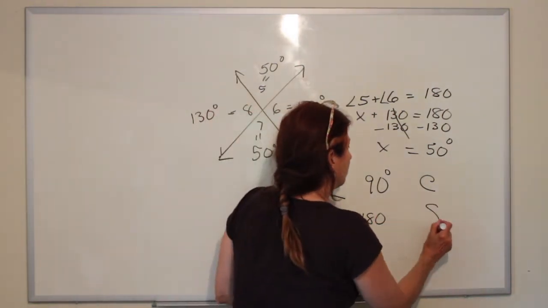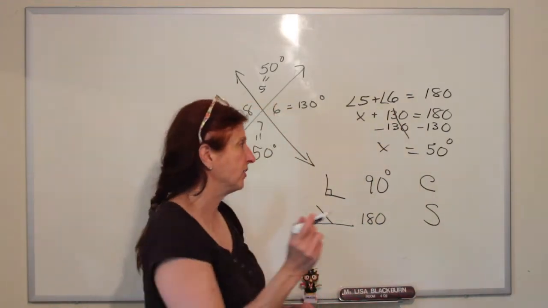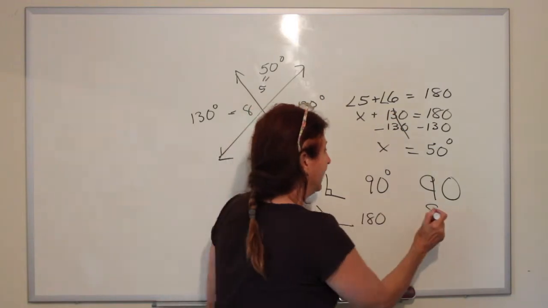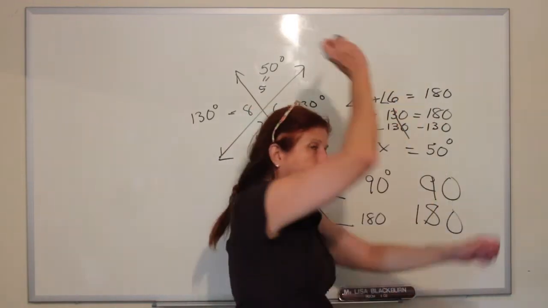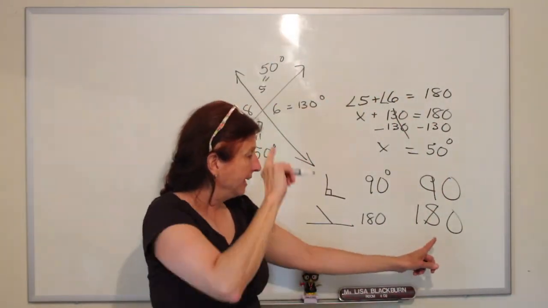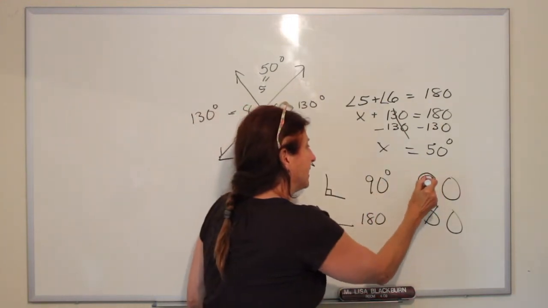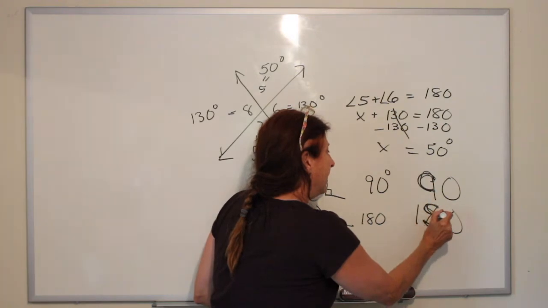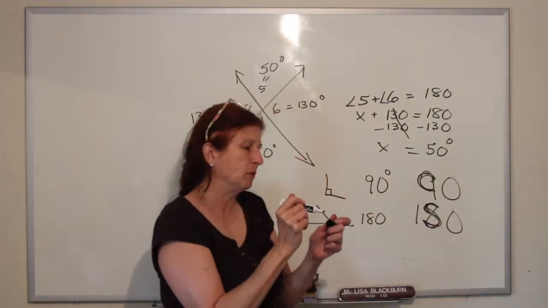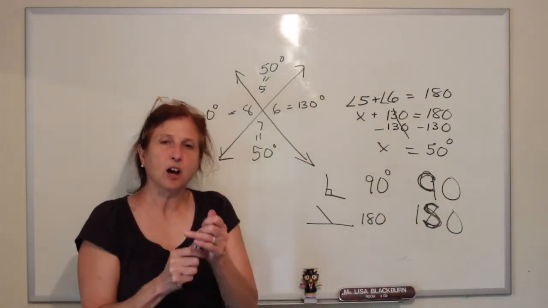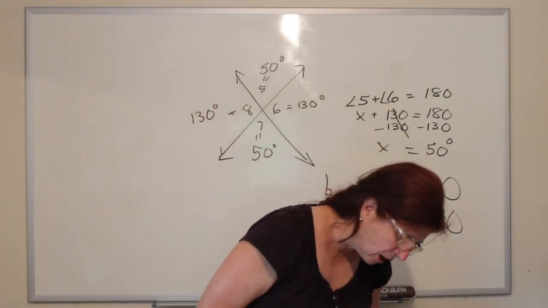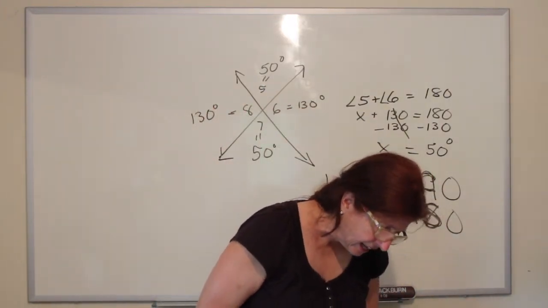And how you can remember that is, watch this, my complementary, I can turn into 90, and my supplementary can be 180. So complementary has C in the 90, and supplementary has the S for supplementary in the 180. Complementary and supplementary. You see those terms in your book on the top of page 46.